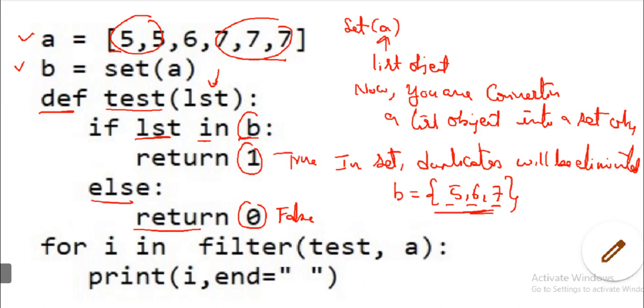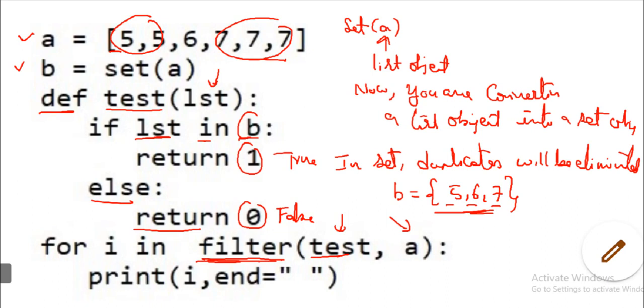So now you come to the actual code. For i in filter. Filter is a function. What will you pass in the filter? You will pass two parameters. First parameter is a function. Second parameter is an iterable object. So filter(test, A). What elements are there in A? A is a list object, and in that you have several elements.